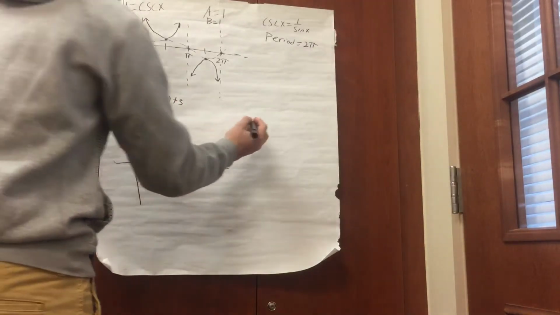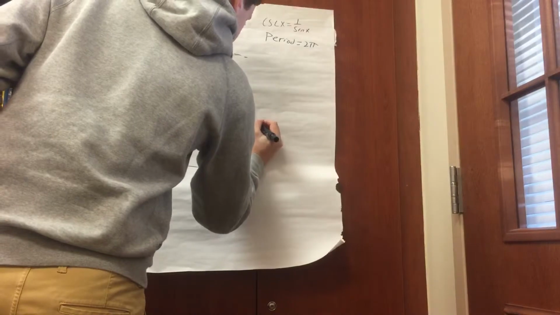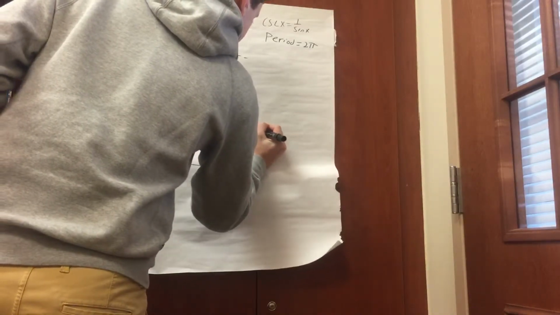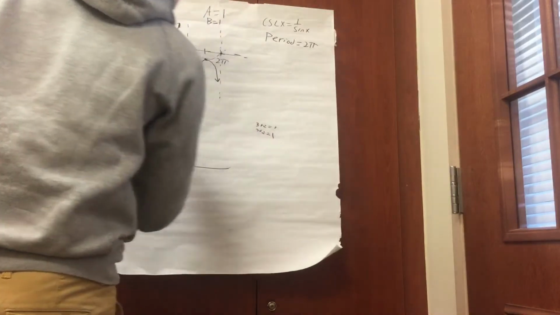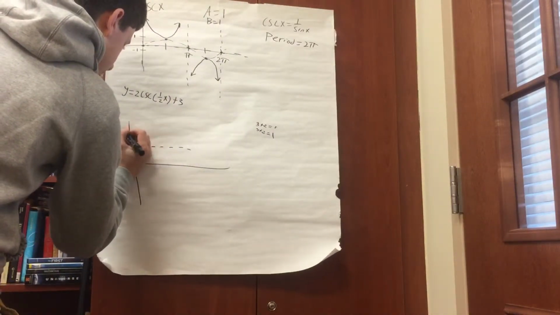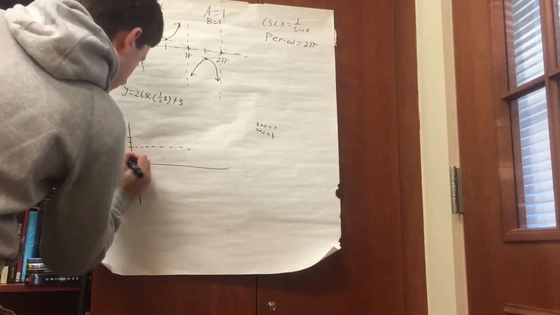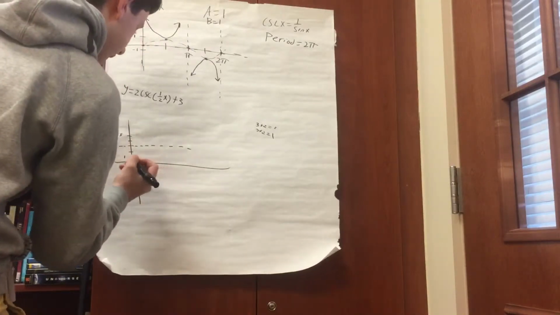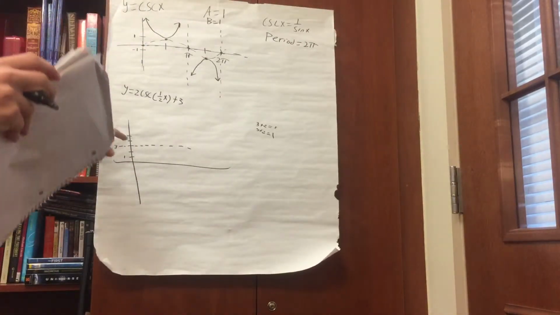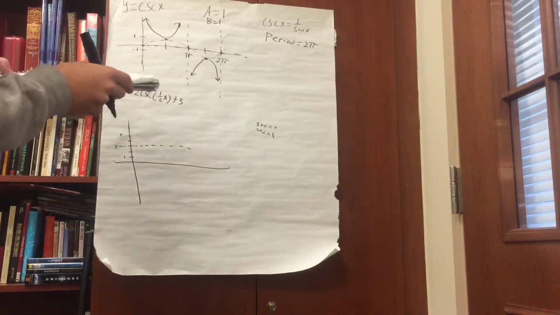So to find the amplitude, we start at 3, do 3 plus 2 equals 5, then 3 minus 2 equals 1. So it's going to be 5 and 1. This is where your points are going to be, because it has to go 2 up and 2 down.